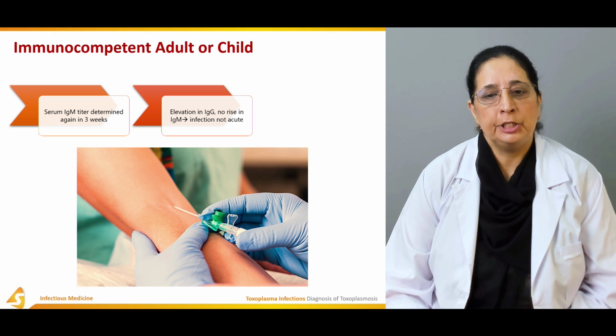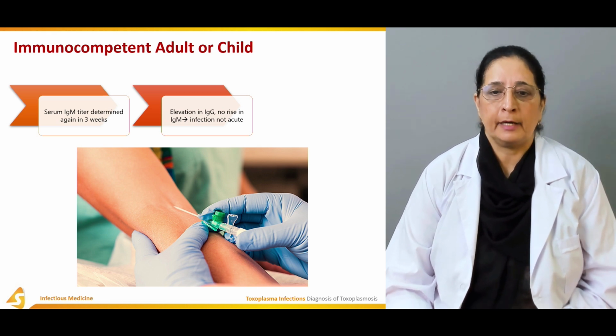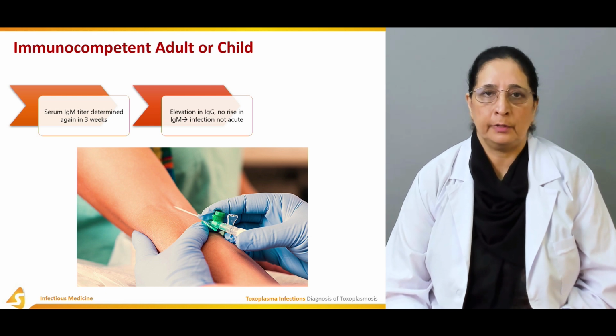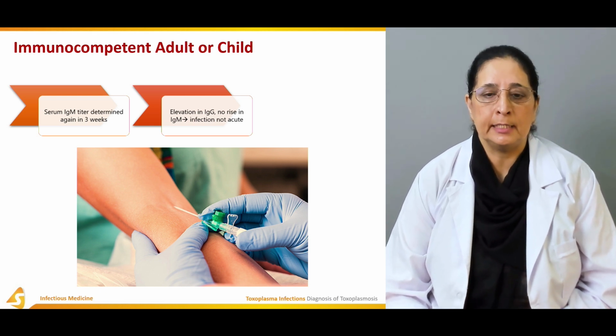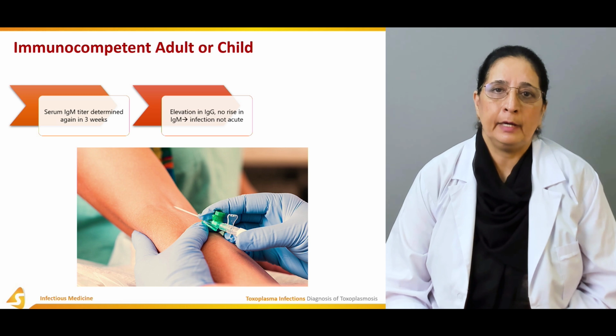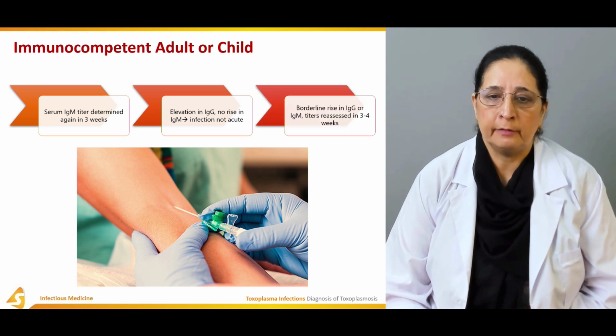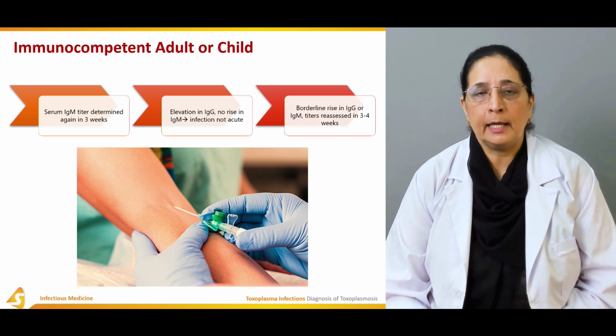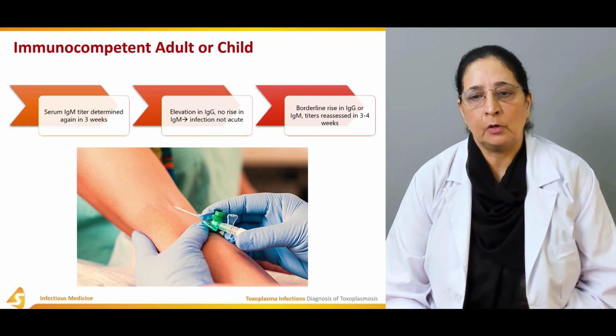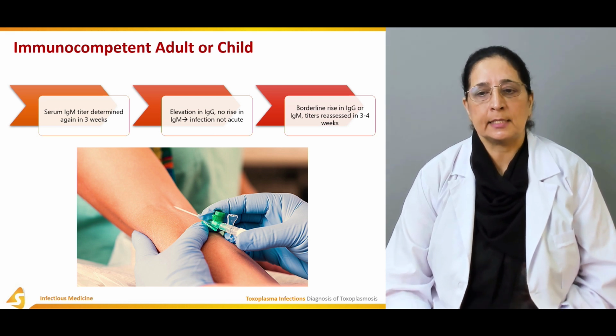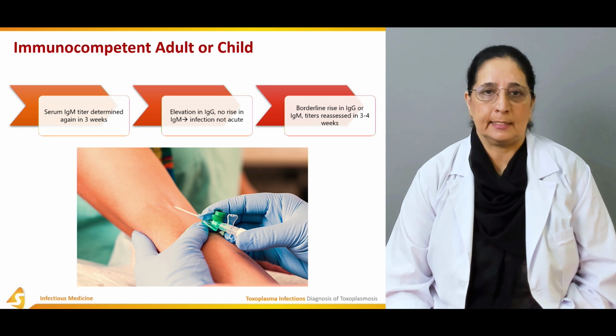If there is elevation in IgG but no rise in IgM, the infection is not acute. So if it's only elevated IgG, that is significant that it's not an acute infection. A borderline rise in IgG or IgM is reassessed in 3 to 4 weeks.